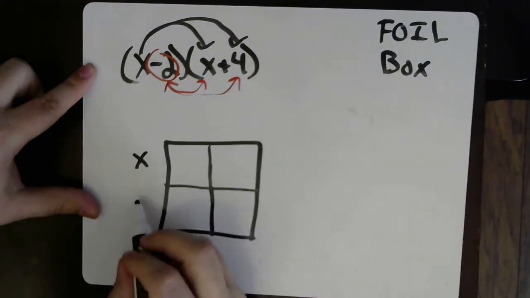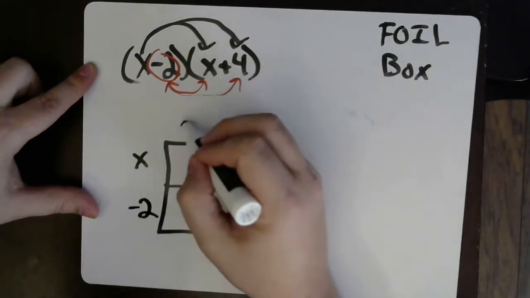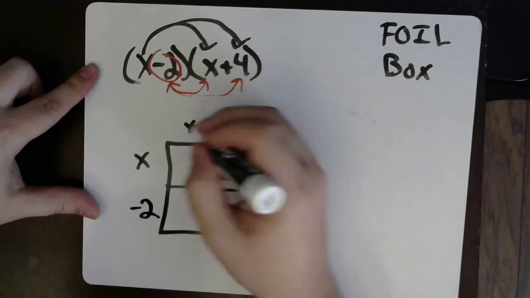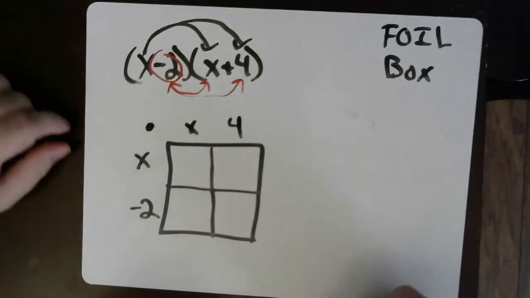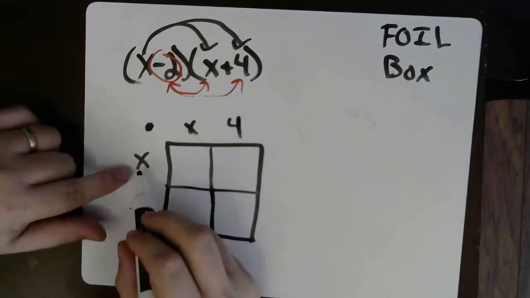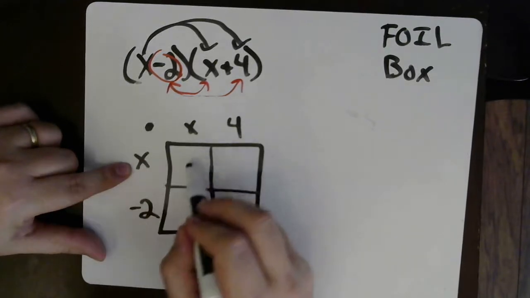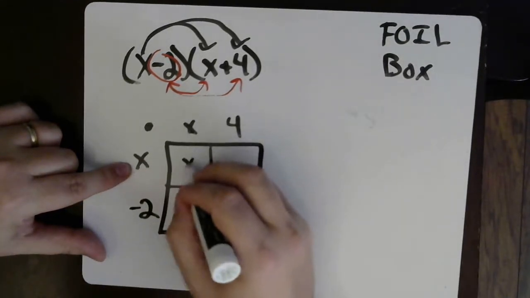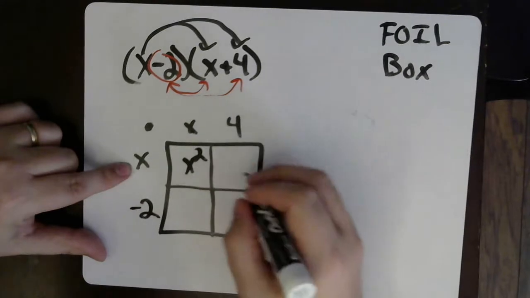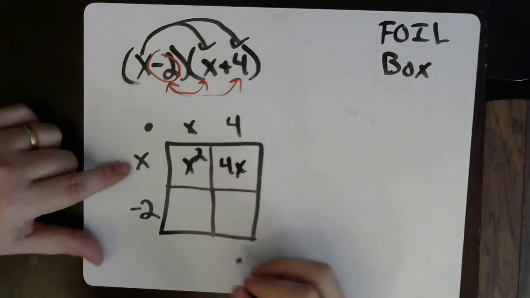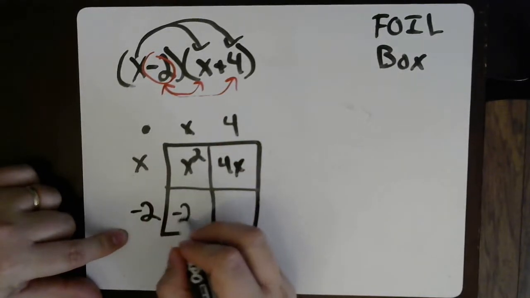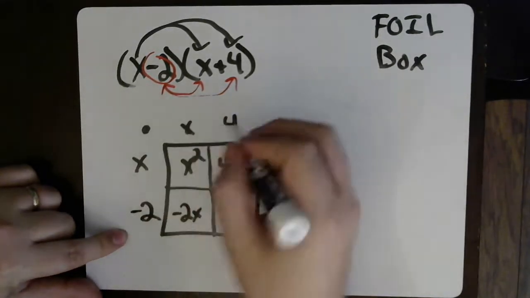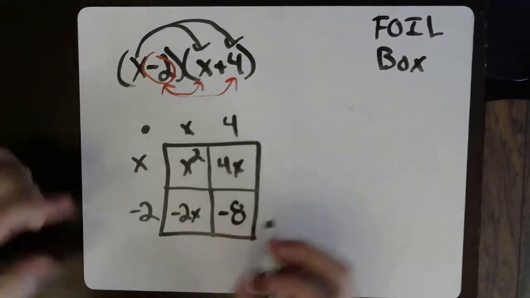So x, negative 2, x, and 4, with a multiplication symbol. What is x times x? x squared. x times 4 is 4x. Going down here, negative 2 times x is negative 2x. Negative 2 times 4 is negative 8.